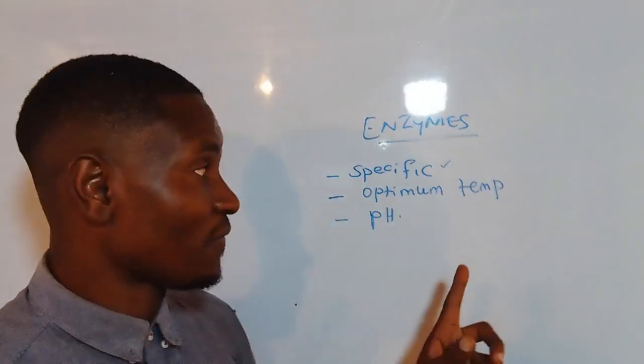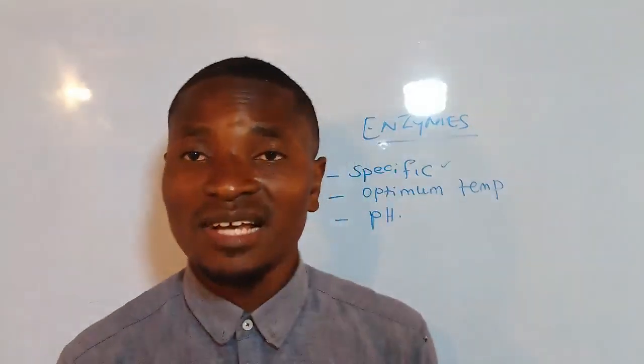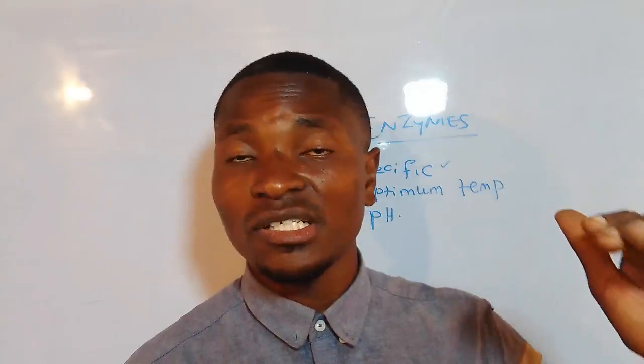So enzymes are specific, and also enzymes have a specific temperature at which they operate, and that's what we call the optimum temperature. The optimum temperature is the temperature at which enzymes normally operate so well.